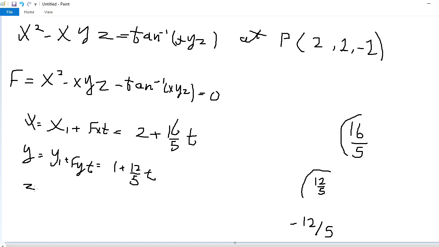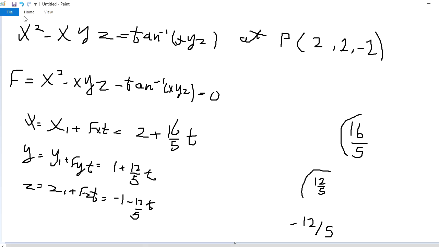Let's say the z is going to be z1 plus fz times t. Then it's going to be equal to -1 and then -12 over 5. -1 I took from here, and the -12 over 5 then times t.